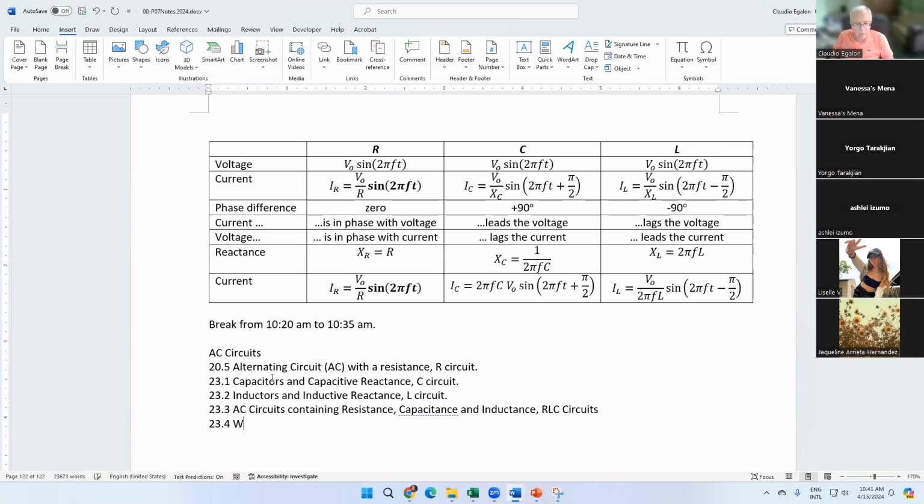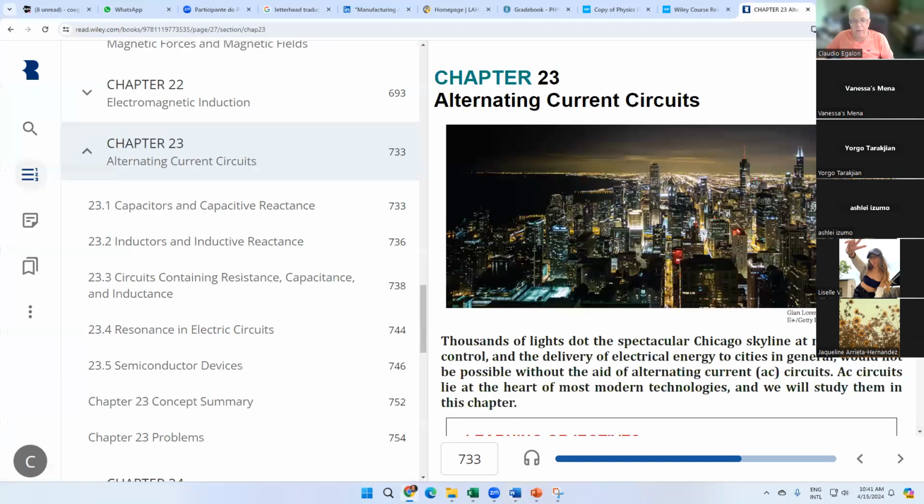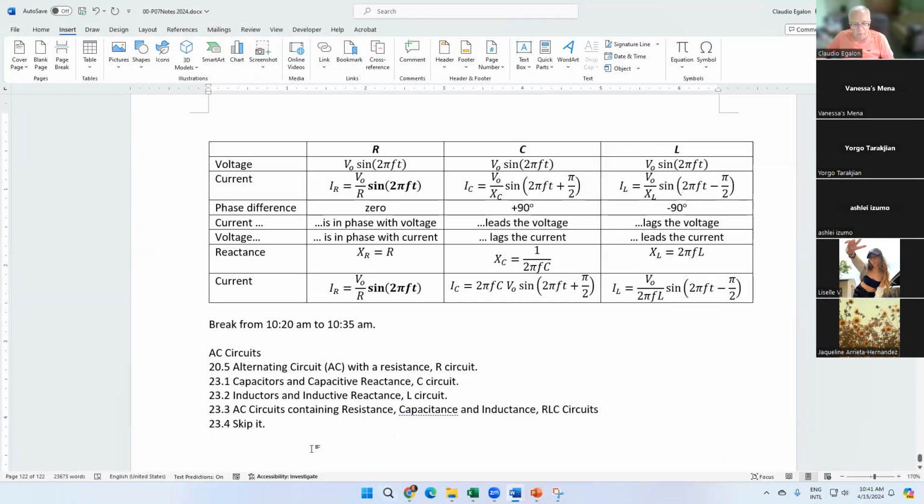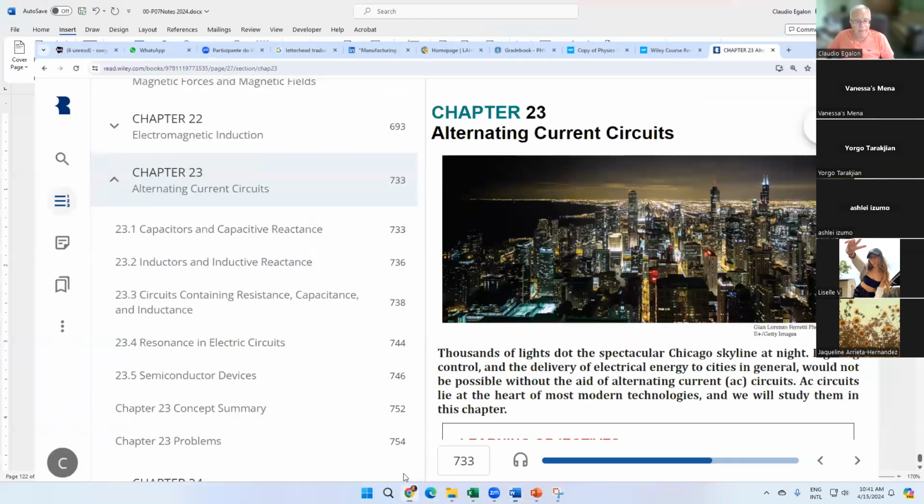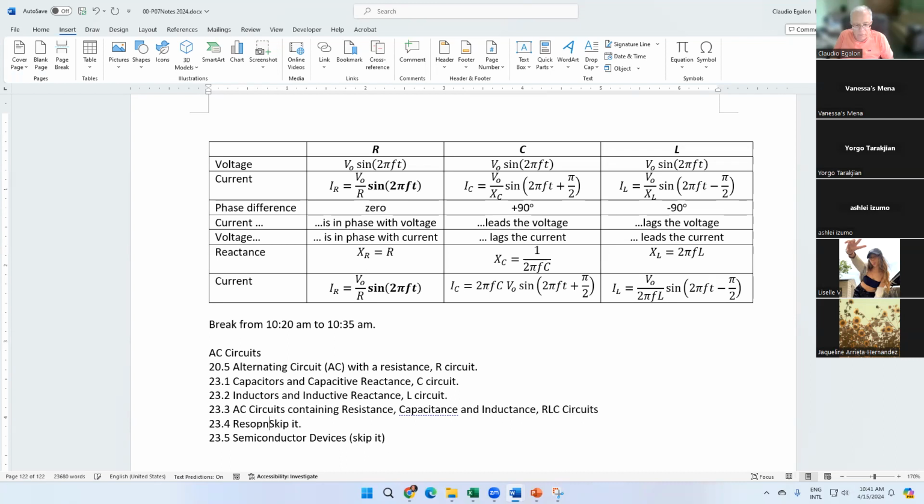23.4, skip it. And the other one is 23.5, semiconductor devices. We're not going to cover that. Skip it. The other one is resonance in electric circuits.